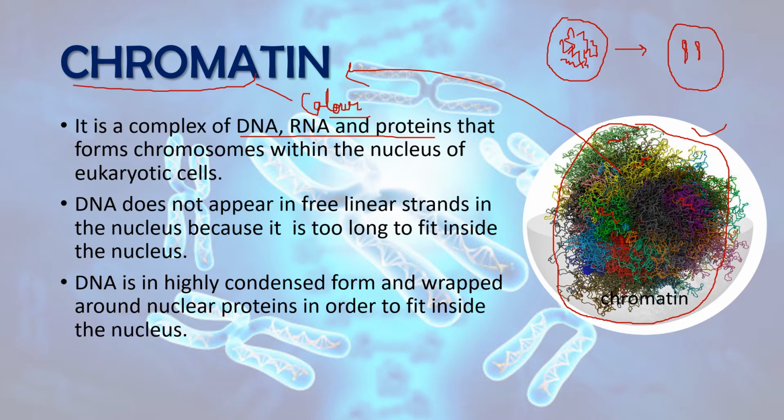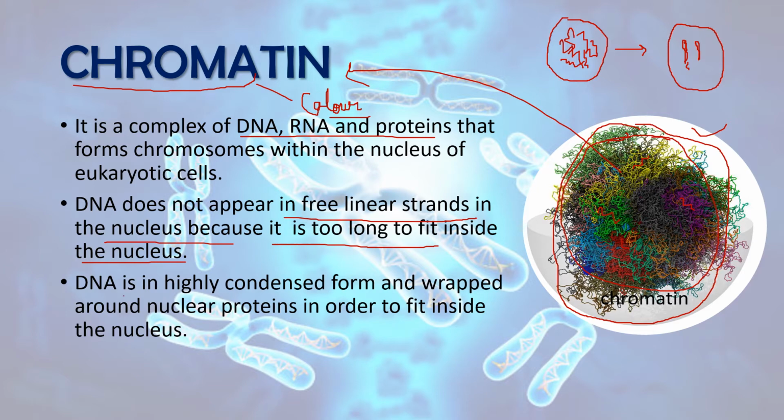We also know that DNA has a double helical structure and is known as genetic material, but DNA does not appear as free linear strands in the nucleus because it is too long to fit inside the nucleus. So why do these thread-like structures get compacted? Because they have to fit in this particular space of the nucleus.